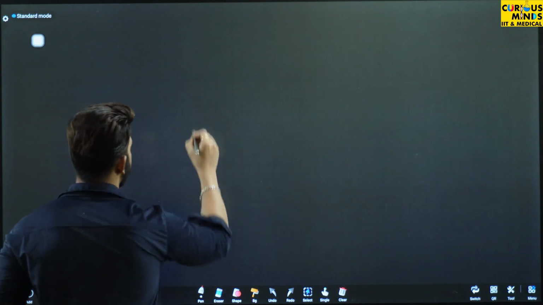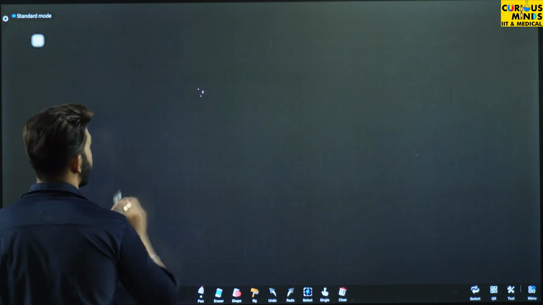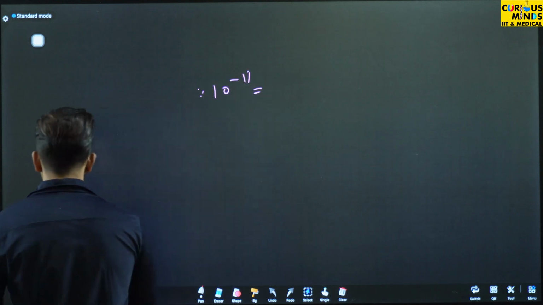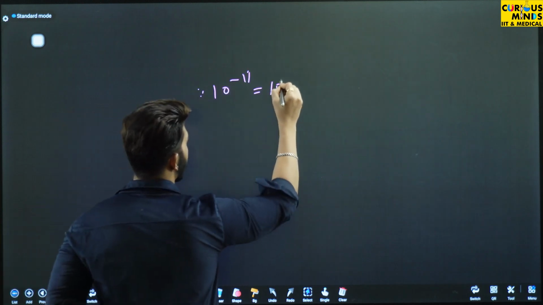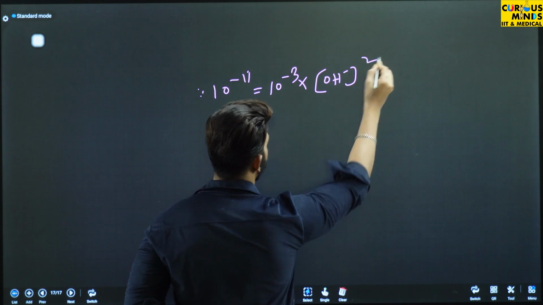So therefore, what was the value of Ksp? It was 10 to the power minus 11. 10 to the power minus 11 equals the magnesium 2 plus ions concentration, which was 10 to the power minus 3, into OH minus whole square.